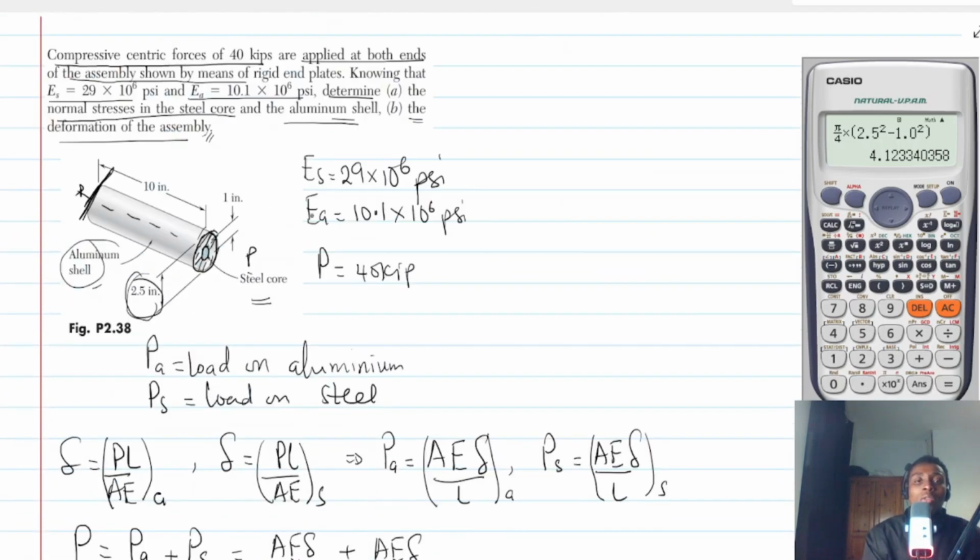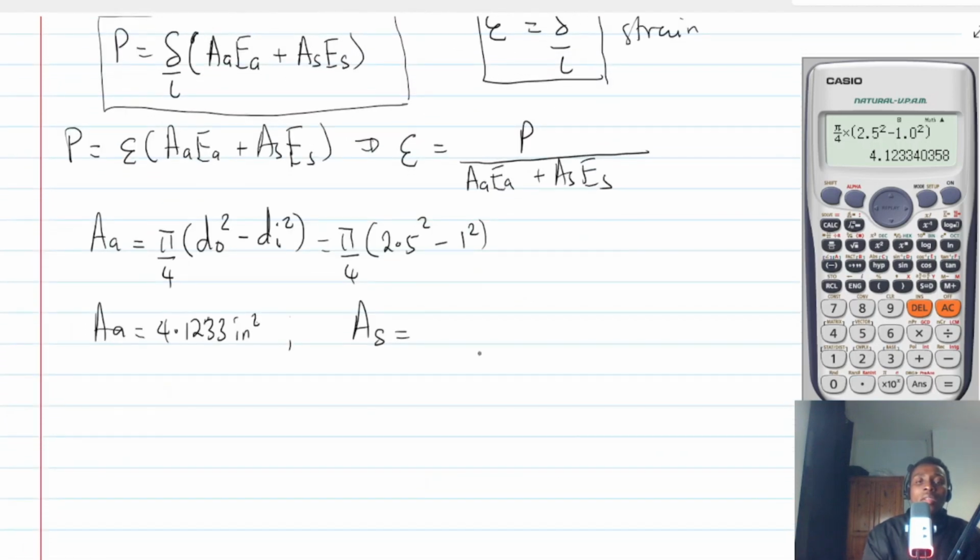So the steel is only here. For that one, we are going to use only the diameter, which is 1. So it's going to be pi d squared over 4, and d is 1, so it's just pi over 4. What is that going to be? We can pick our calculators and do this.